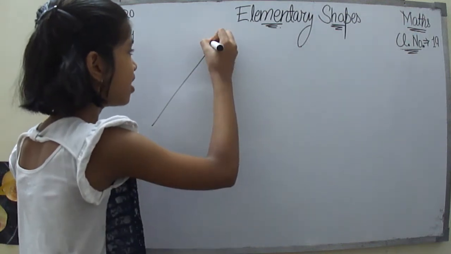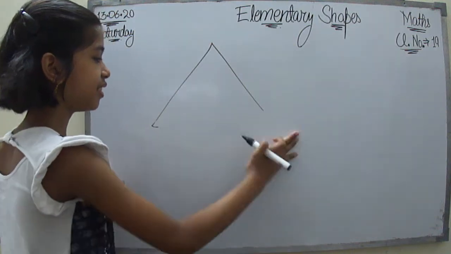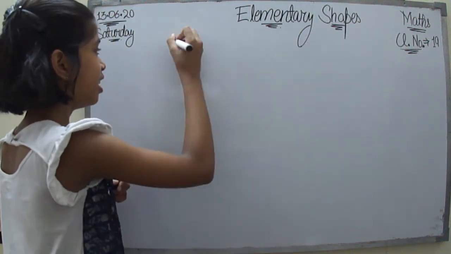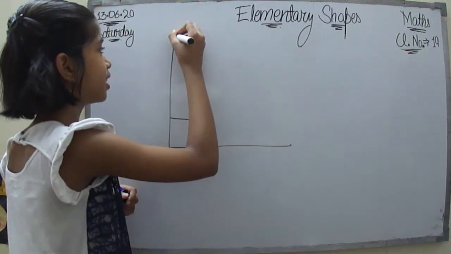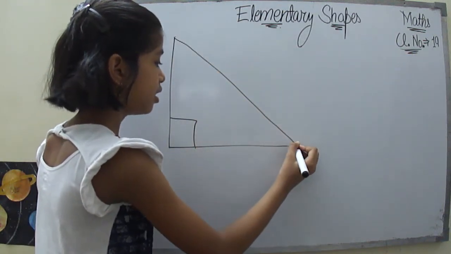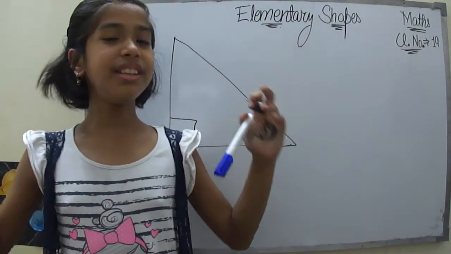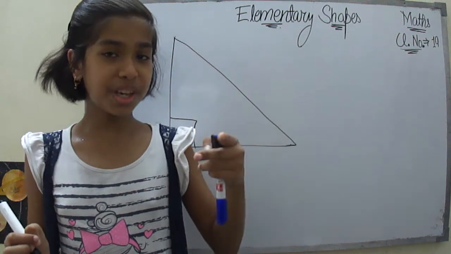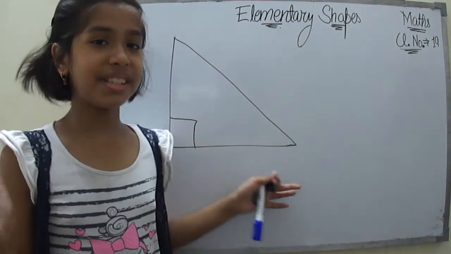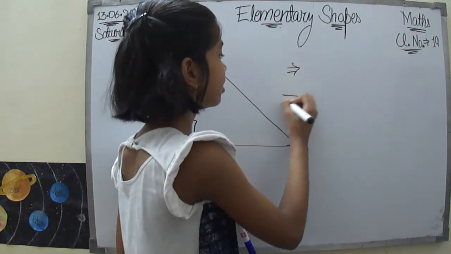If I have a triangle and one of its angles is 90 degrees, what could be the other two angles? We have to give two cases, two sets.